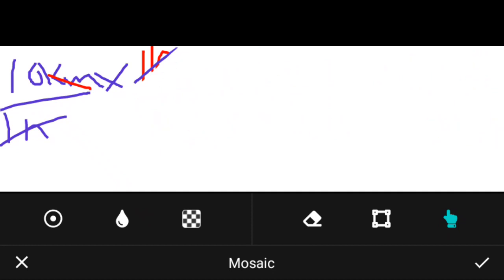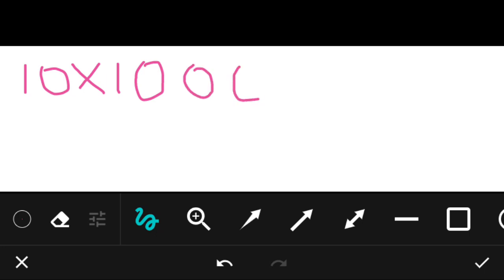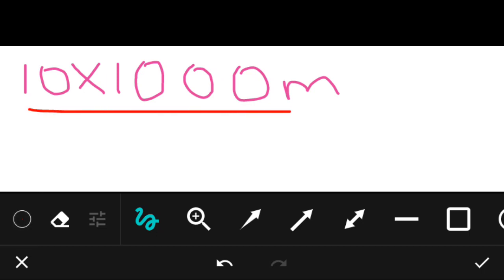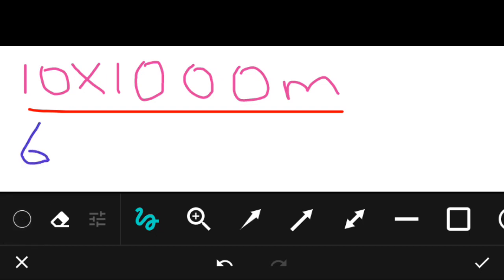So now we are saying we had 10 on top, multiplied by 1000 meters, over 60, we had 60 at the bottom, times 60 seconds.